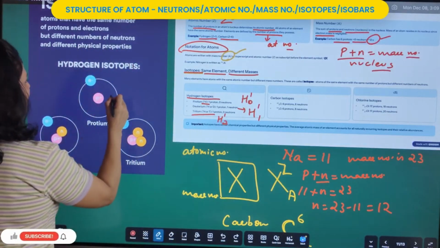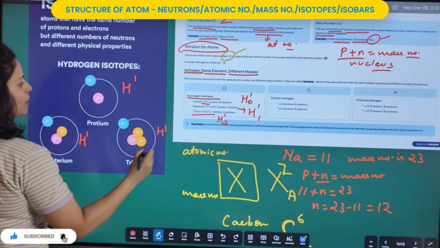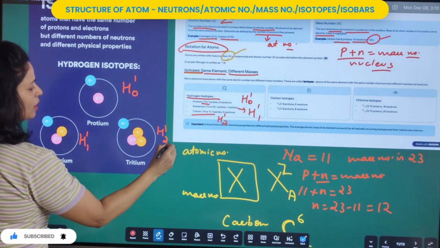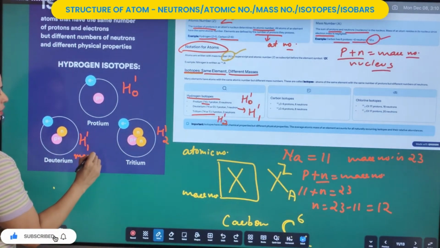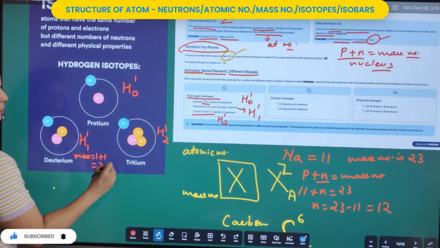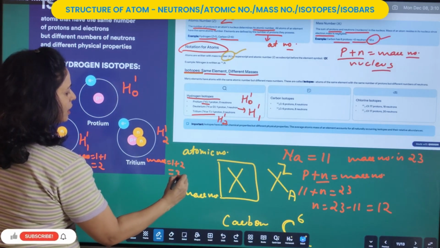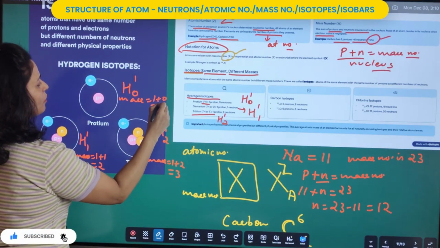So it's the same element with atomic number 1, that is hydrogen. But what is differing here? Here 0 neutrons, here 1 neutron and here 2 neutrons. So for protium the mass will be 1 plus 0, that is 1. For deuterium the mass will be 1 plus 1, that is 2. And for tritium the mass will be 1 plus 2, that is 3.